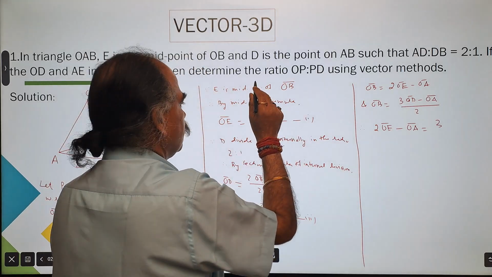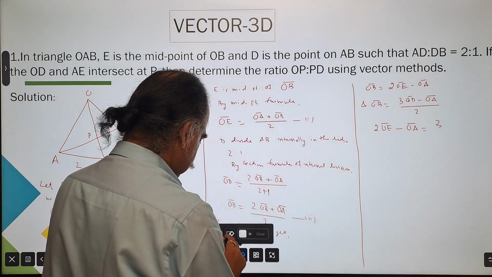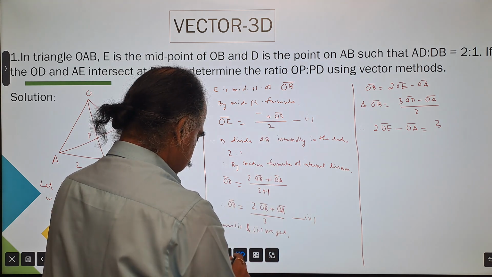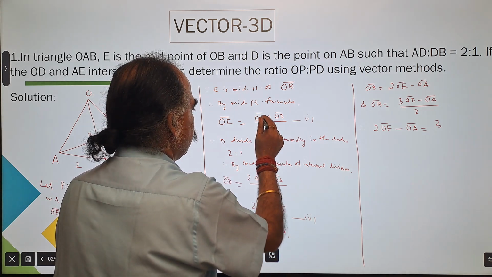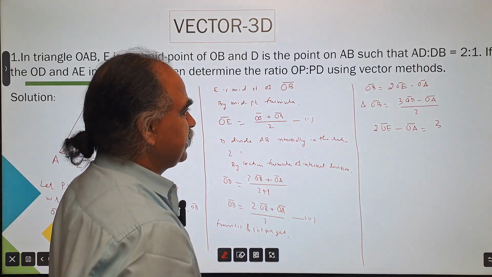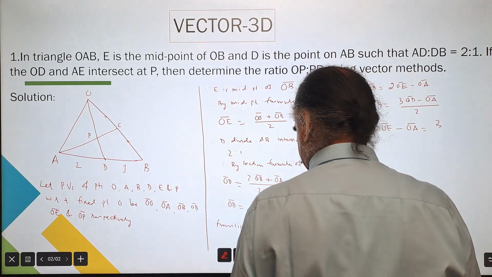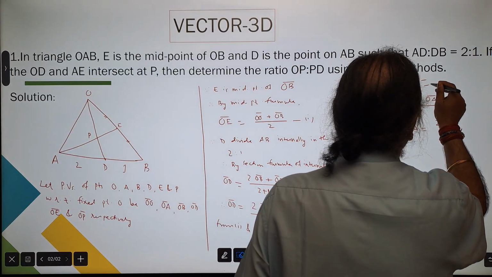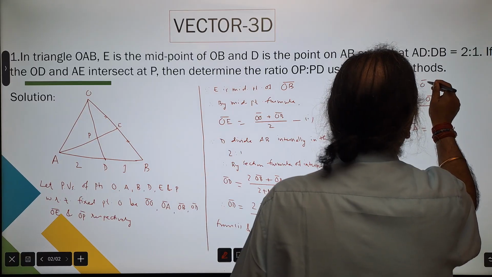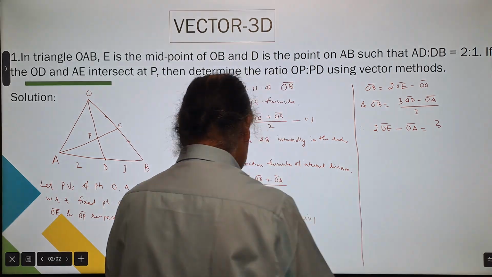So OE bar is OO bar plus OB bar upon 2. From 1 we get 2 times OE bar minus OO bar. It is not OA, but it is OO.